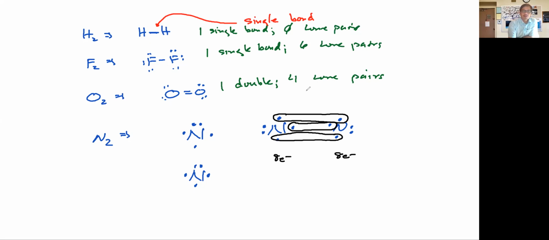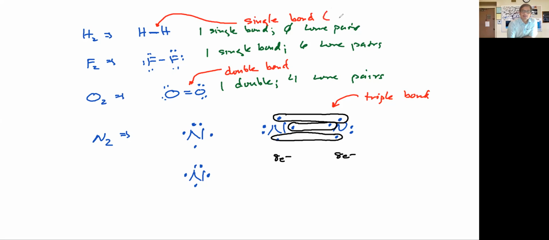So what we've indicated here is that both nitrogens are held together by not a single bond, and I'm sorry, I should write this in here, not a double bond, that holds oxygen together, but we have a triple bond. Right?